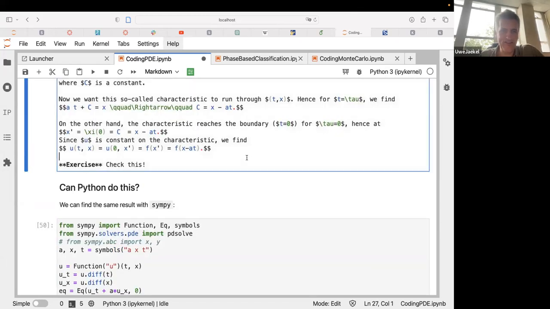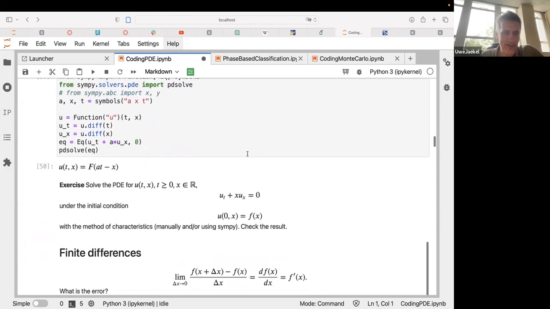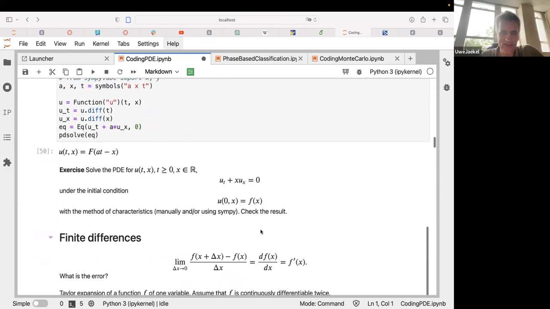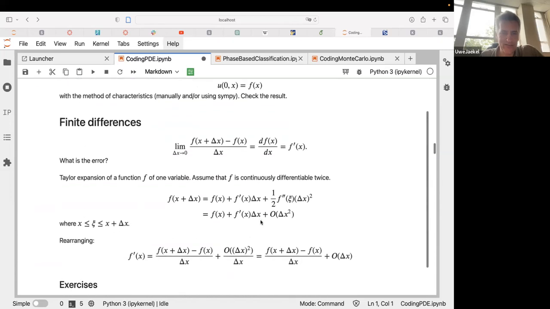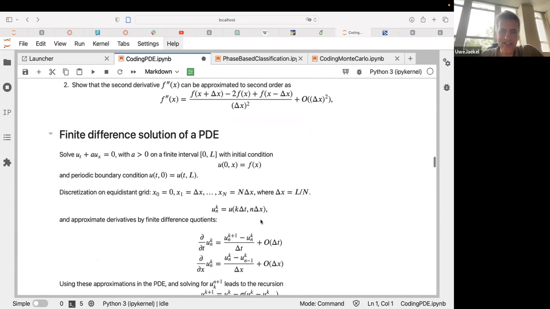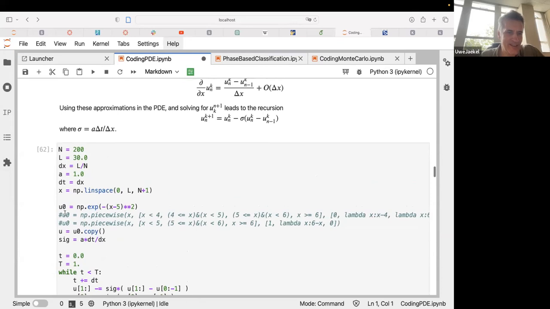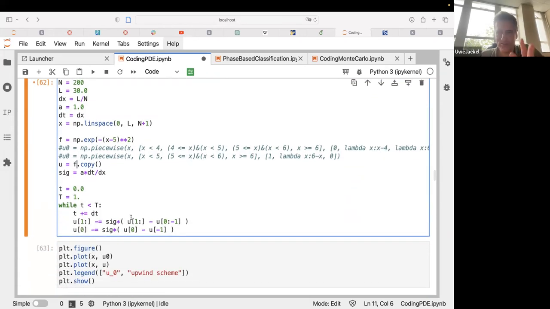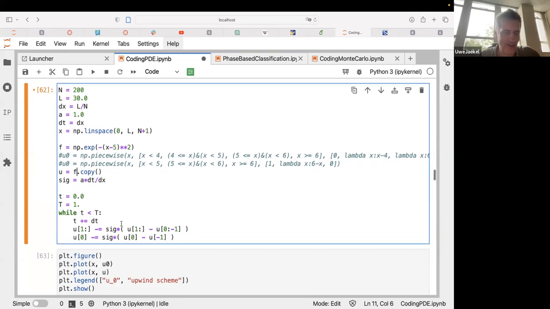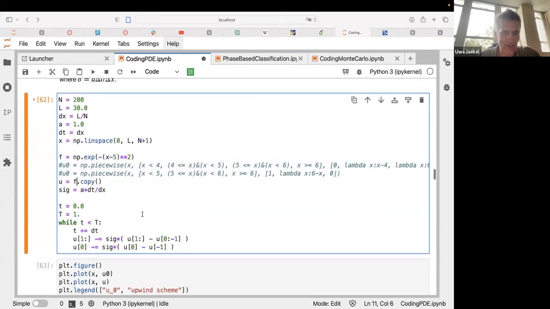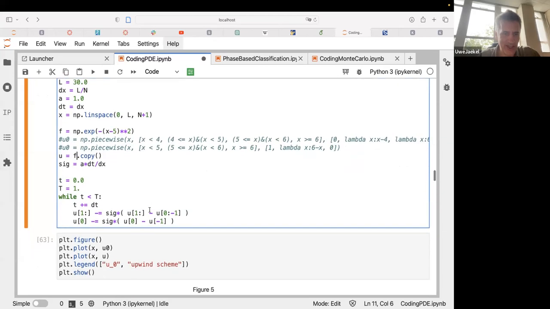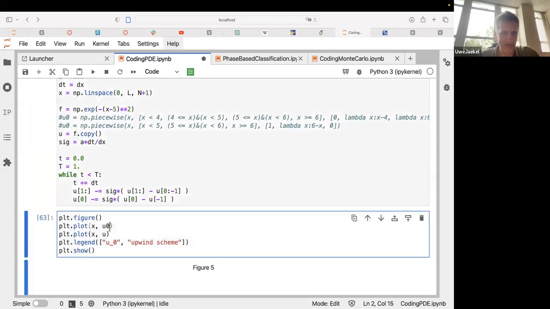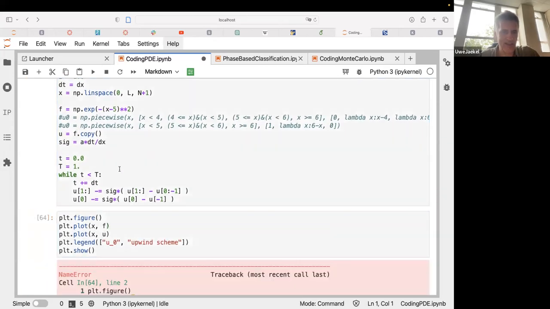Sorry, no, the initial condition was F. Here, the initial condition is F. Let me recode it. Sorry, this was maybe a little bit confusing. I will rename it, not U0, because I'm usually using U0, so I didn't want to mess this up. And then I plot F rather than U0.